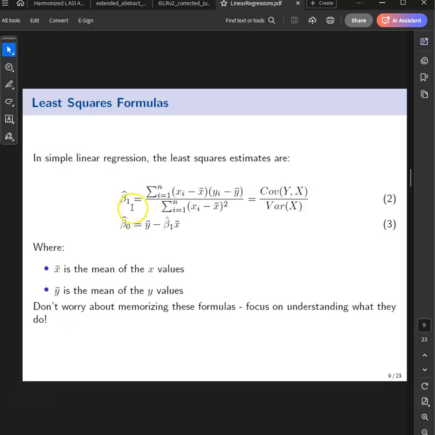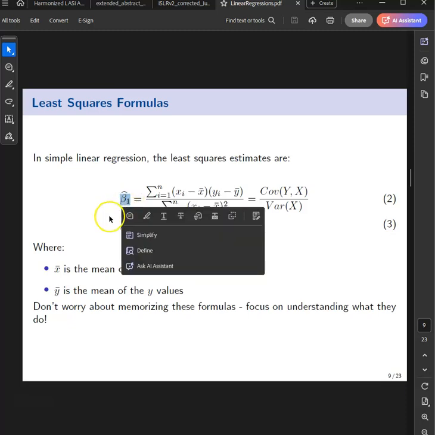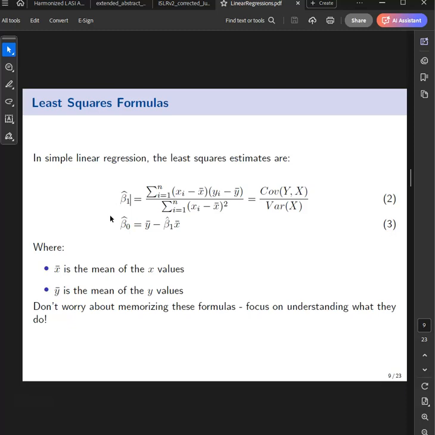It means that beta 1 hat, which is the estimated value of beta 1, captures how x and y move together relative to how much x varies on its own. The formula for our intercept, beta naught, is even simpler. It is just the mean of the dependent variable minus the slope times the mean of x. It ensures that our line passes through the point of averages.